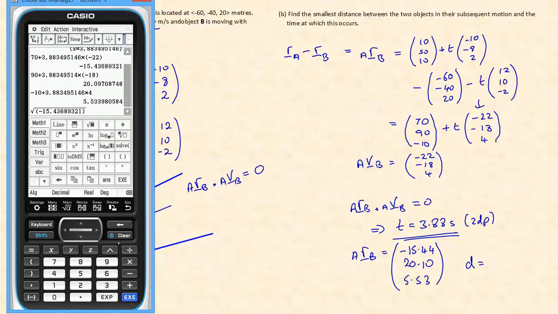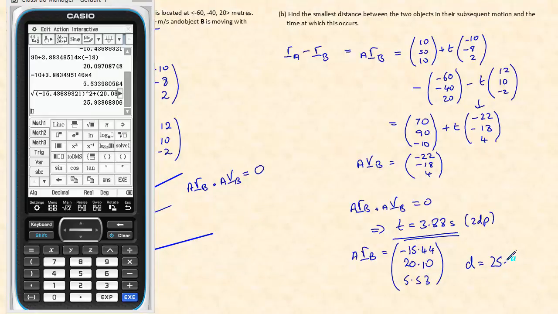So we're going to want that one squared, add, put some brackets, we'll just drag this one in here, and we'll just square that, make sure it's all under the square root, and then pop some brackets in there, and then we want this one dragged in here as well, and square that, and then we get 25.94, and the units, I believe, were meters, correct to 2 decimal places.